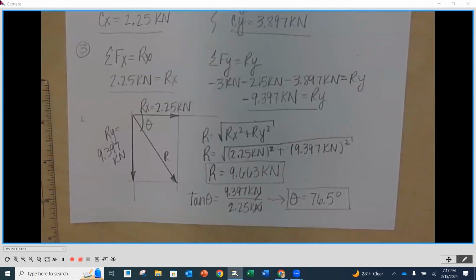So you should get a resultant equal to 9.663 kilonewtons.